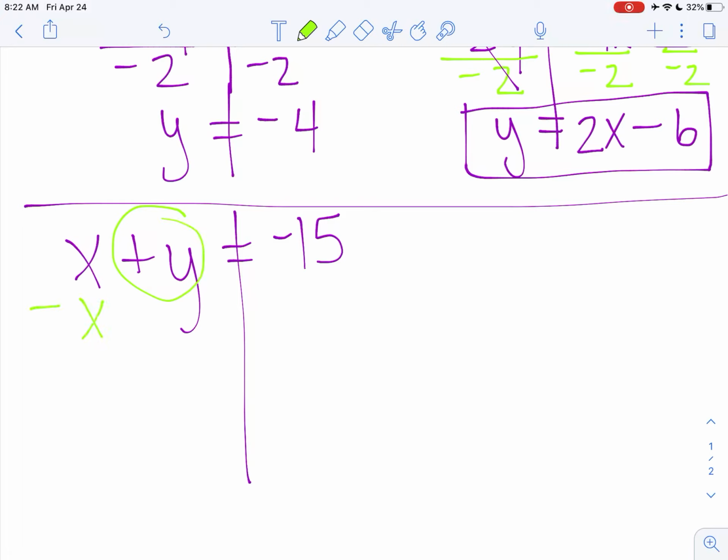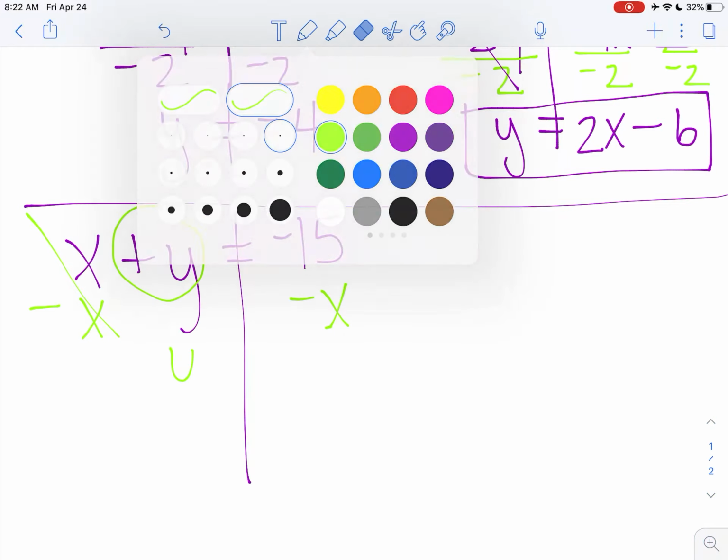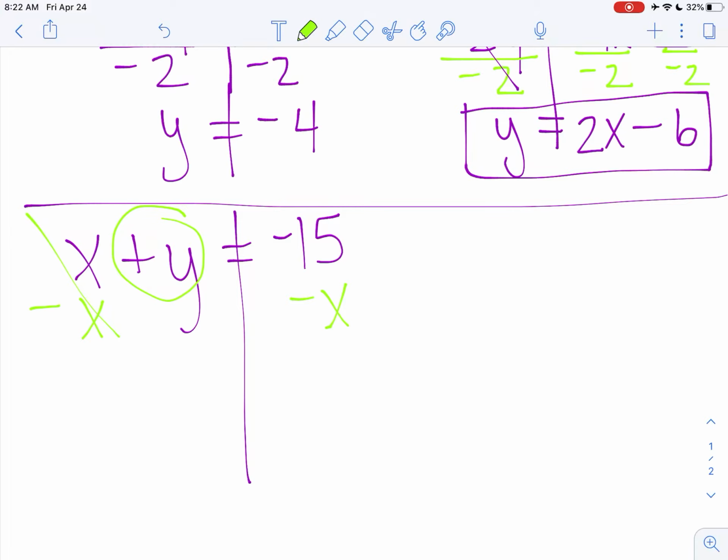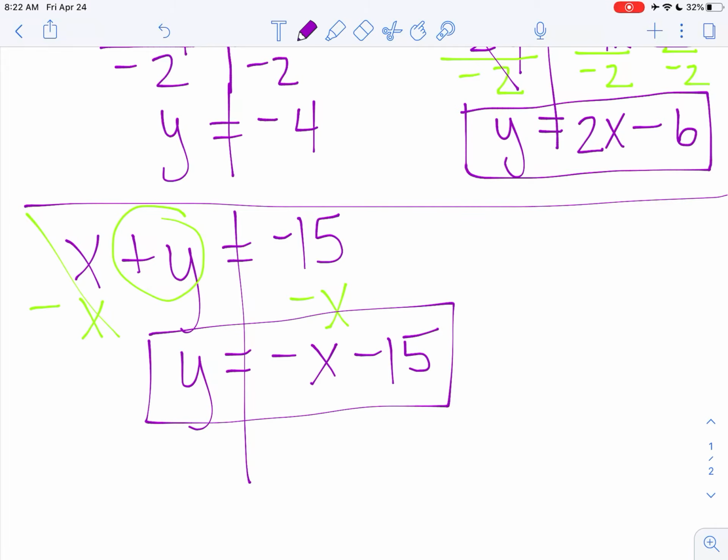I'm going to subtract x from both sides. That leaves me with 0x over here. And now I have y is equal to negative x minus 15. And that's in y equals mx plus b form.